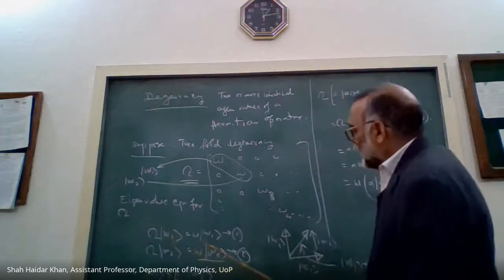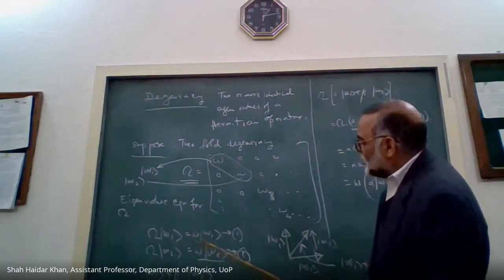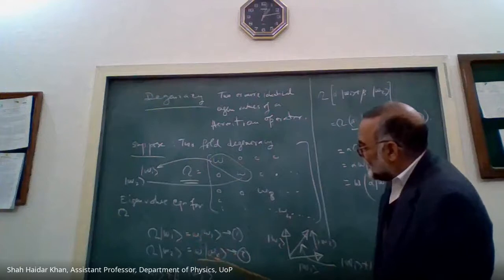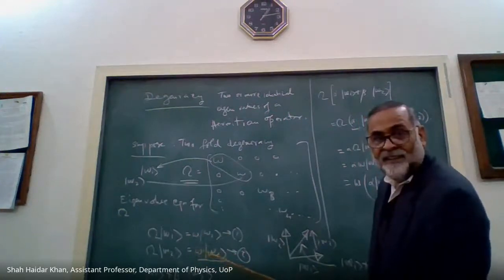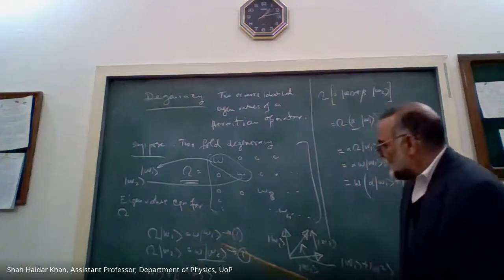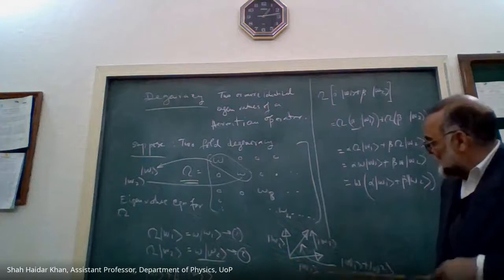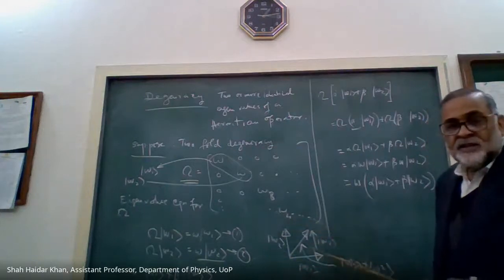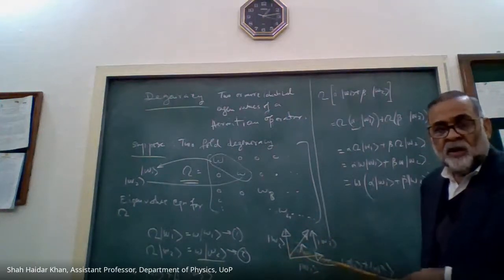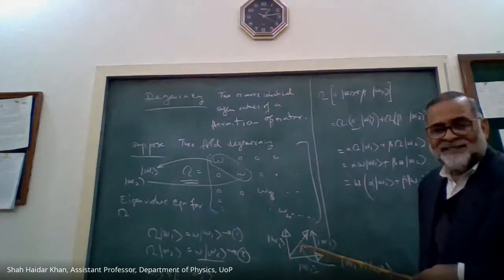For example, you have a twofold degeneracy here. There are two identical values, and therefore you have a basis which consists of two perpendicular vectors.